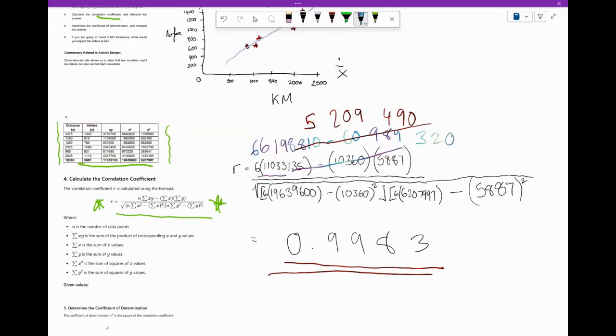But if you get it wrong, that's where you're screwed, because you lose all the method marks and you don't have the right answer. If you get the right answer, no problems. I'll give you all your marks, even though I don't see your method. Does that make sense? That's the only thing you need to be mindful of.